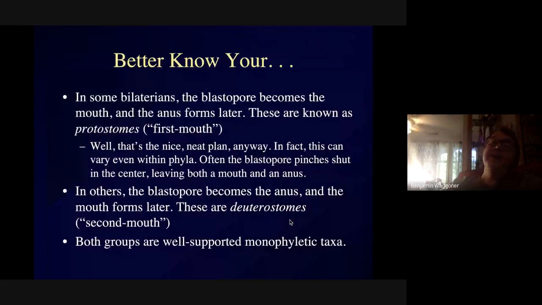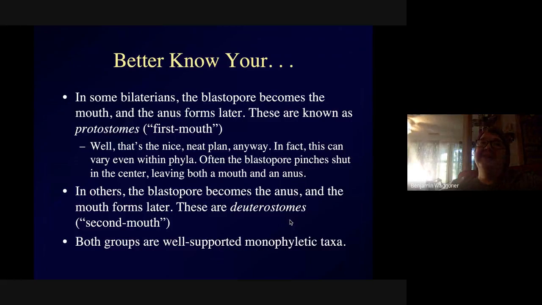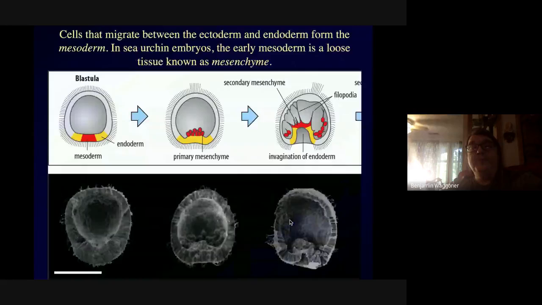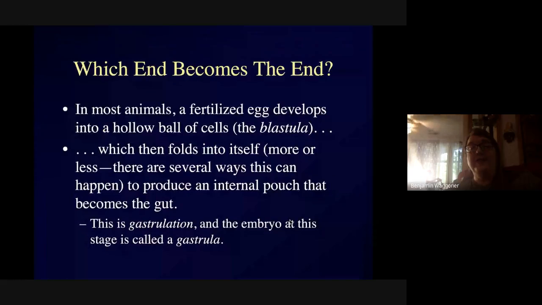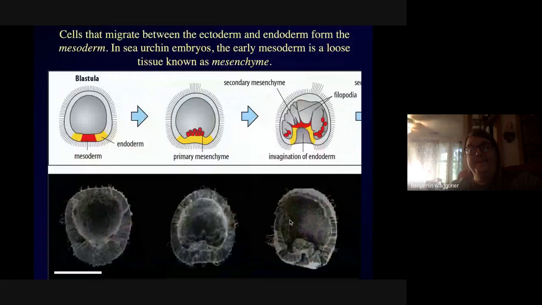In some bilaterians, the dent is called the blastopore, the place on the blastula where the cells start migrating inwards. So, yeah, I guess I didn't use that term in a previous slide, but the spot on the outside where the cells are wandering in, that's the blastopore.